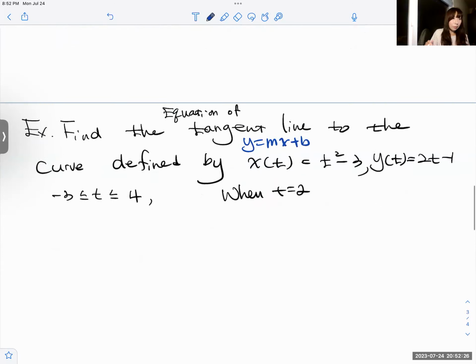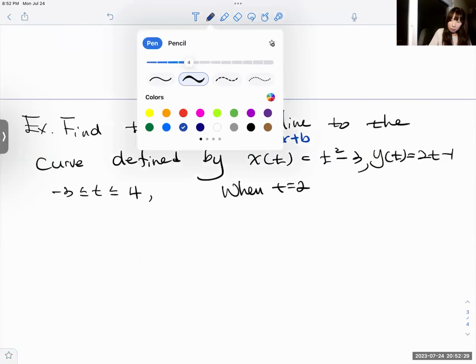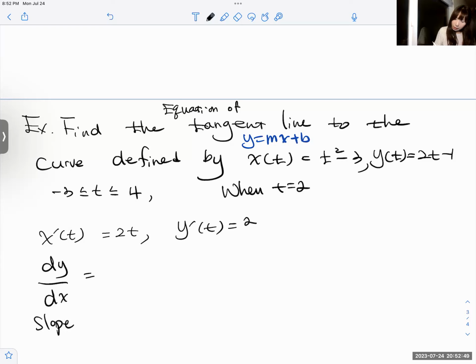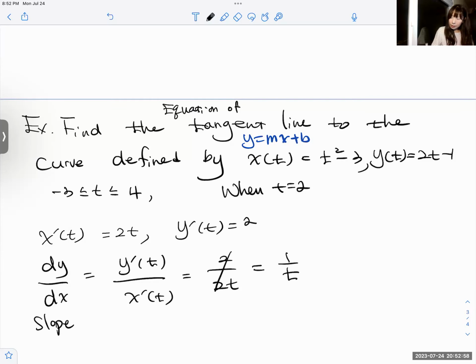Okay, now we need to find the slope first, right? So x prime of t is 2t, y prime of t is 2. The slope is y prime of t over x prime of t, that is 2 over 2t, which is 1 over t.